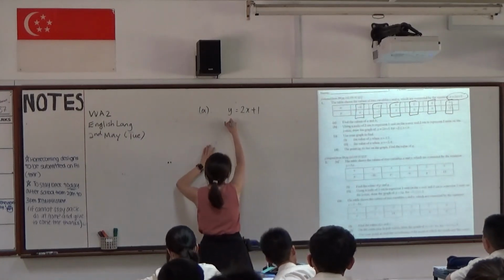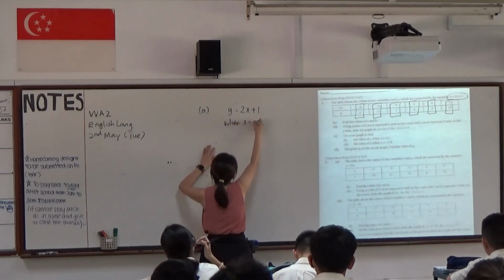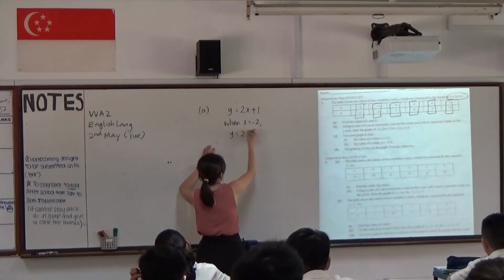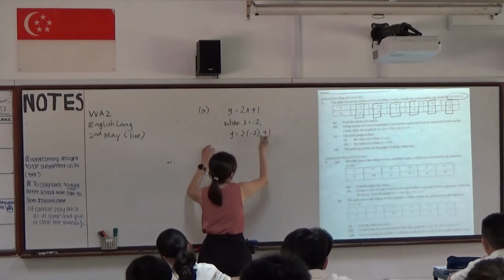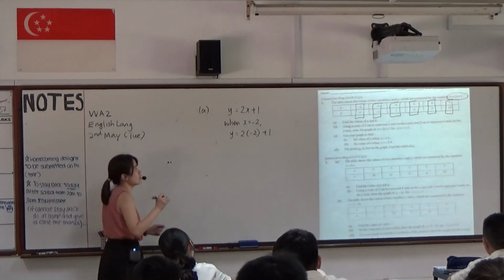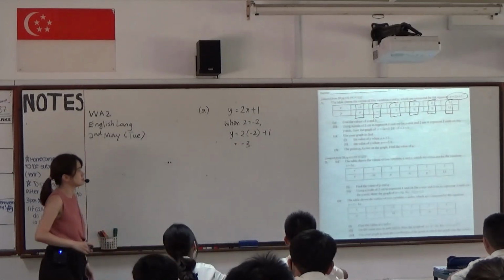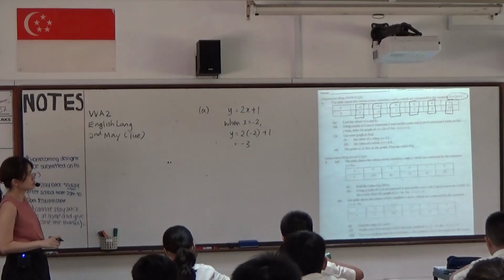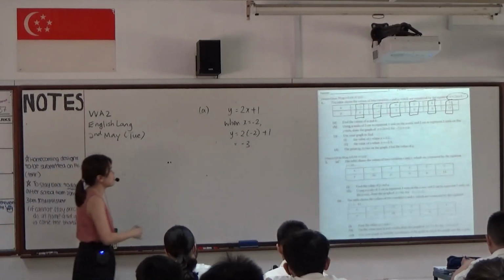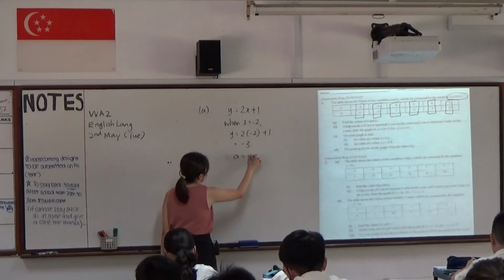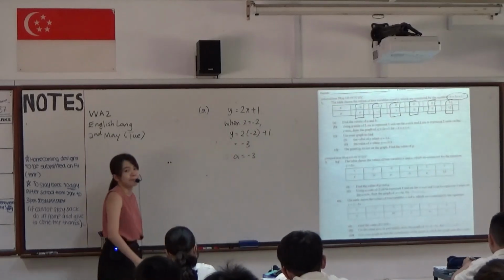That means when x equals negative 2, y equals 2 times negative 2 plus 1. Then we press our calculator to get negative 3, and therefore A equals negative 3.